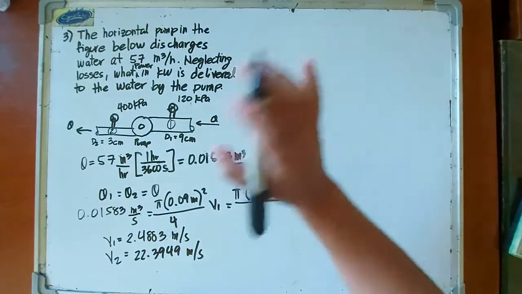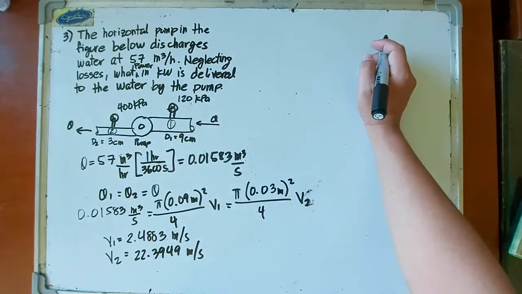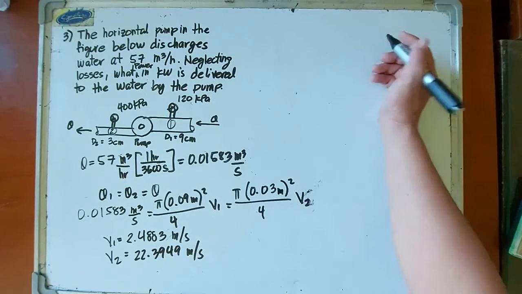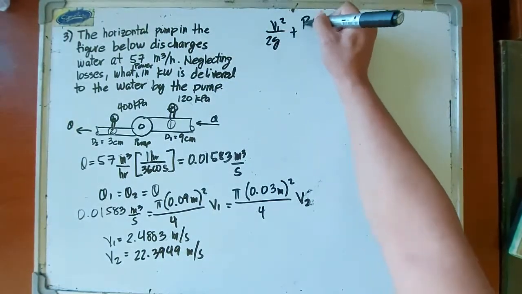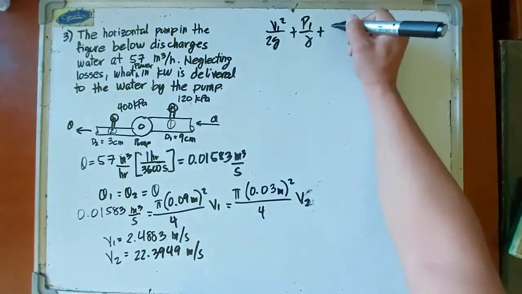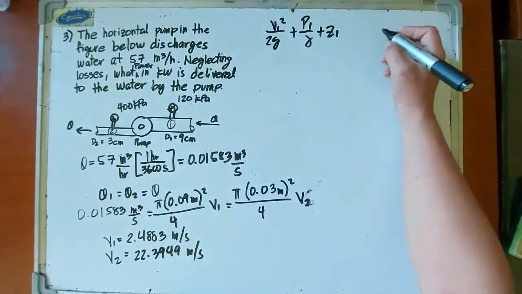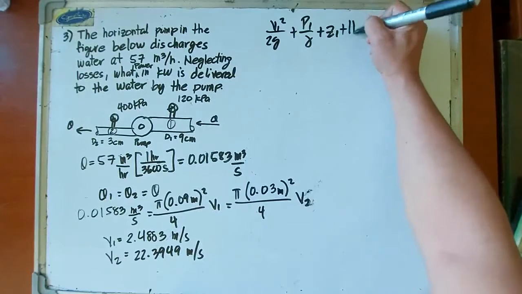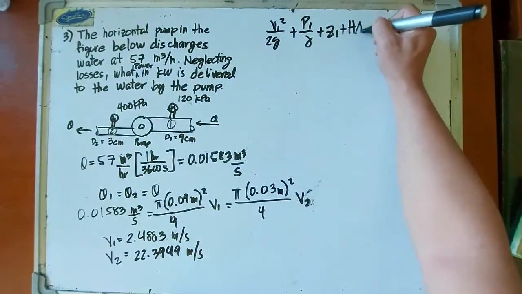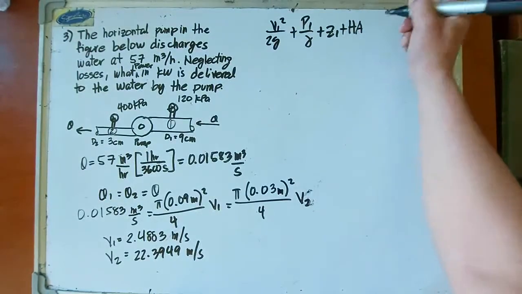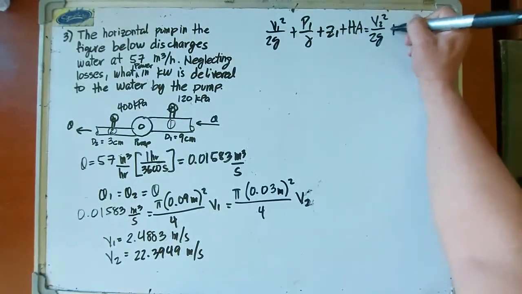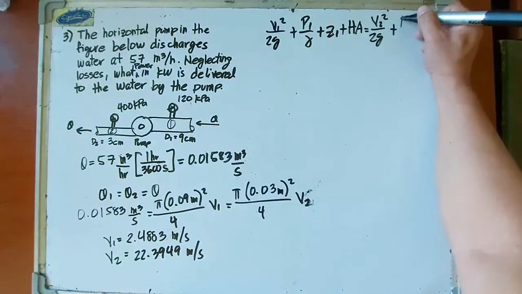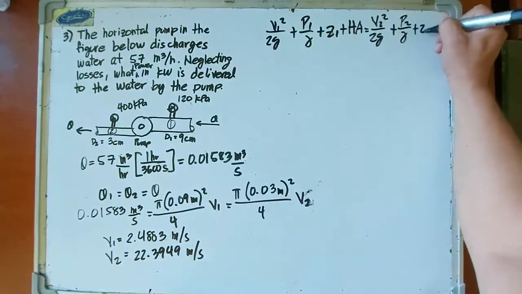So nasa left side ng equation yung energy head ng pump. So we have V1 squared all over 2G plus P1 over gamma plus Z1 plus yung energy head needed sa may pump equals V2 squared all over 2G plus P2 over gamma plus Z2.